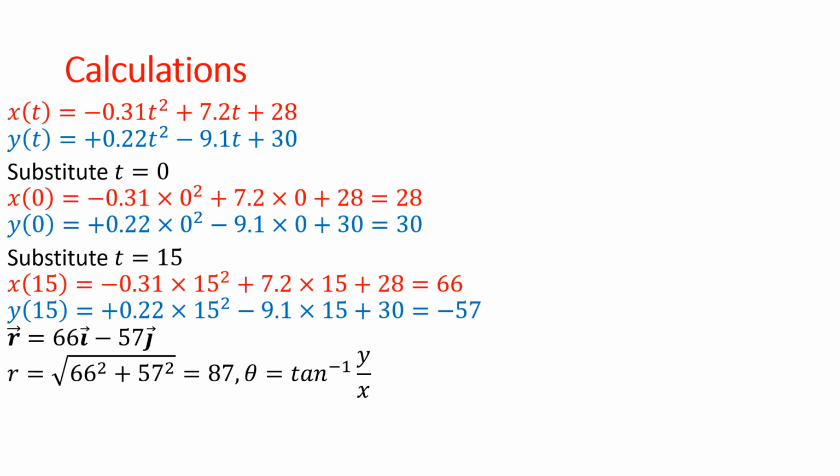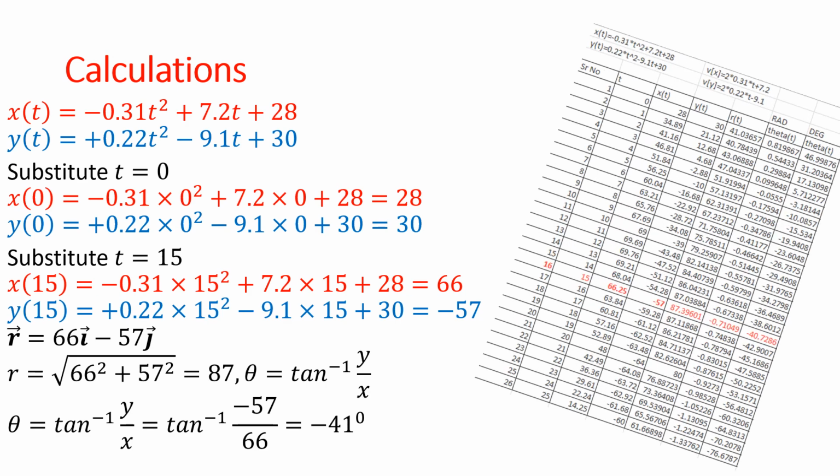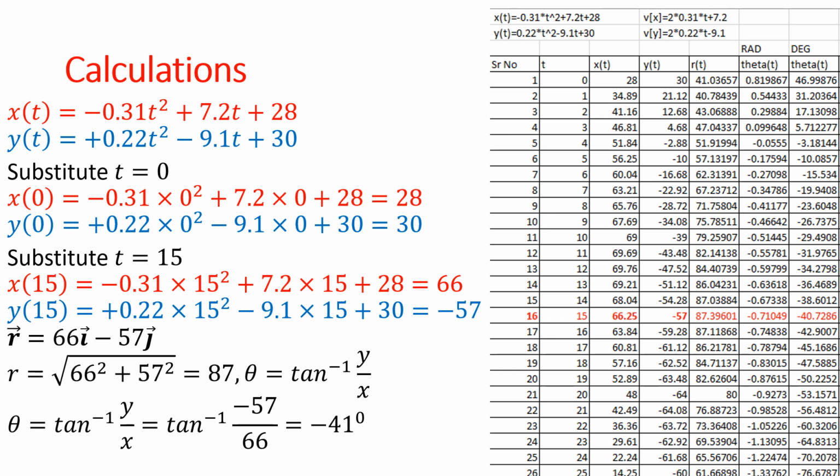So 66 square plus 57 square under root is approximately 87, and theta is equal to tan inverse of y by x. So herein we can calculate theta equal to minus 41 degree. The calculation is done for all positions up to 25 seconds. So the serial number is going from 1 to 26, and the experiment is starting at t equal to 0.